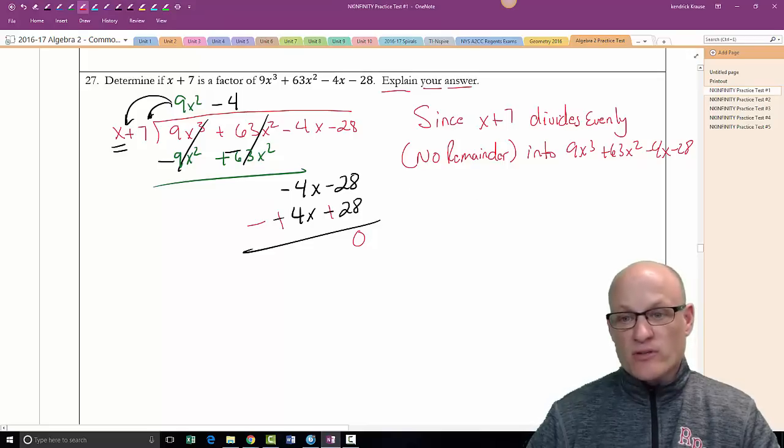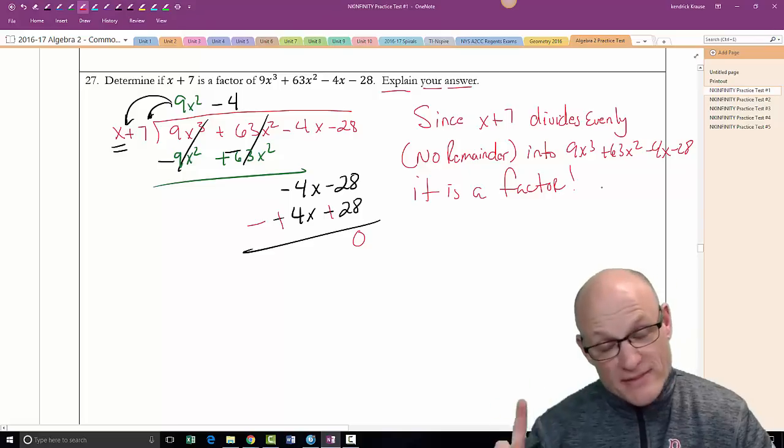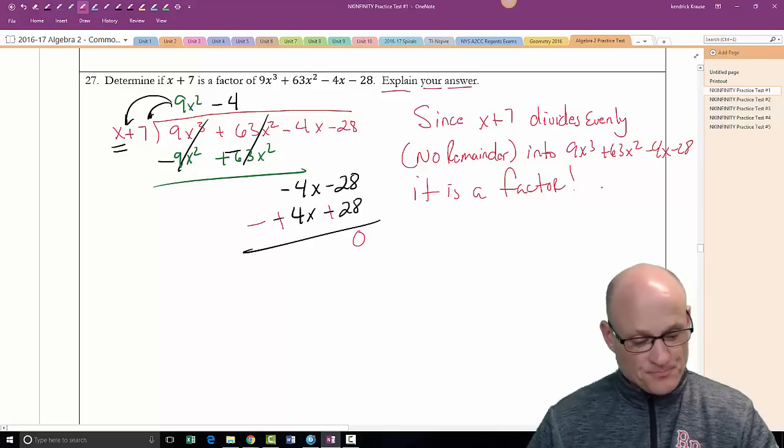Since x plus 7 divides evenly into it, it is a factor. Boom. That's method 1 to solve this.